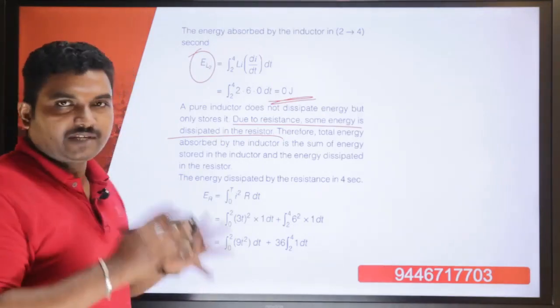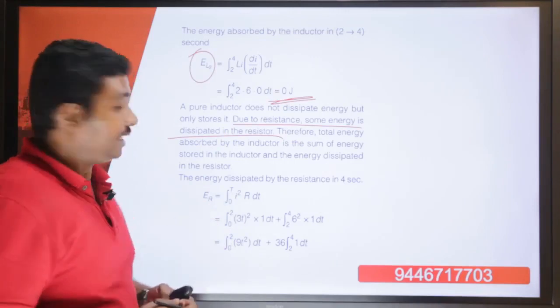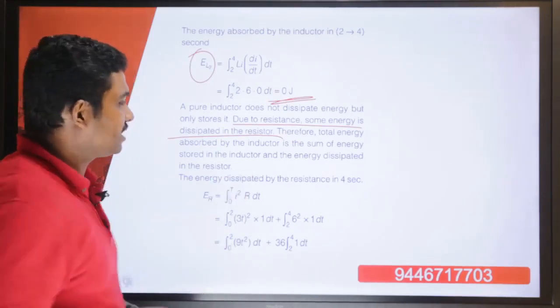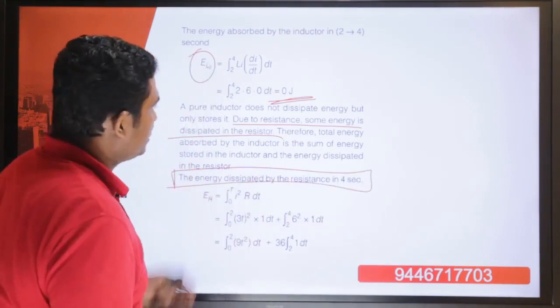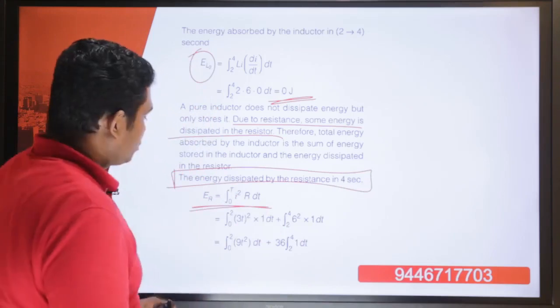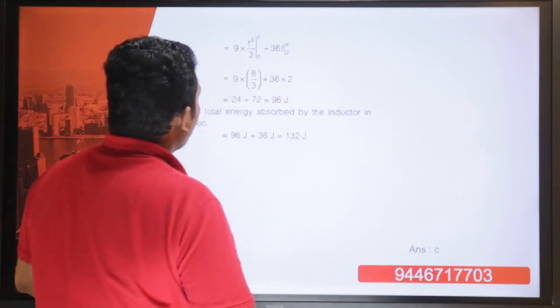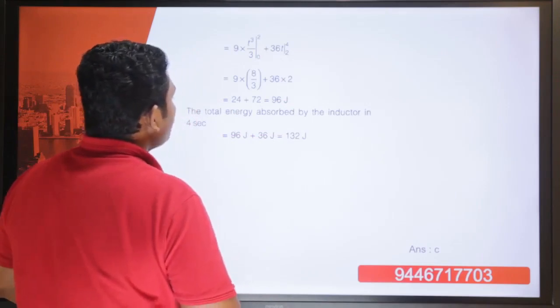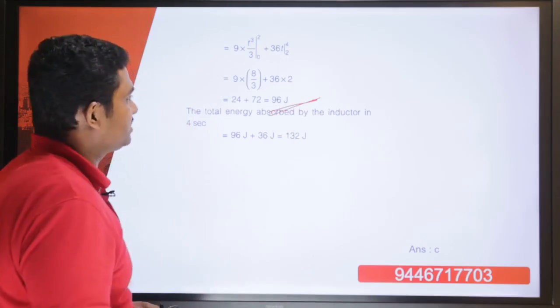So the energy dissipated by the resistance in 4 seconds we are going to find out. The energy dissipated by the resistor is the integral from 0 to t of I square r dt. When you integrate this, you will get 96 joules.